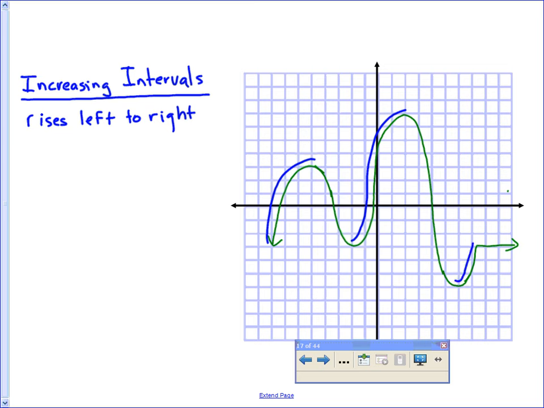Now that we have the points of inflection, we can go through and identify the intervals of concavity. For concavity, we know that it describes how the curve bends.